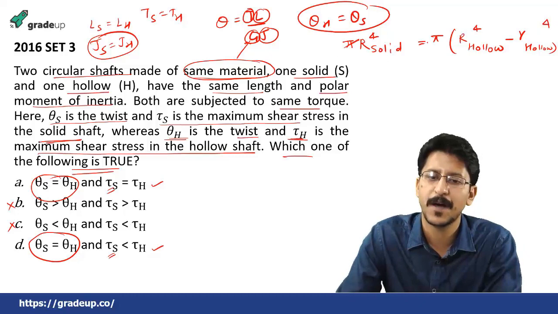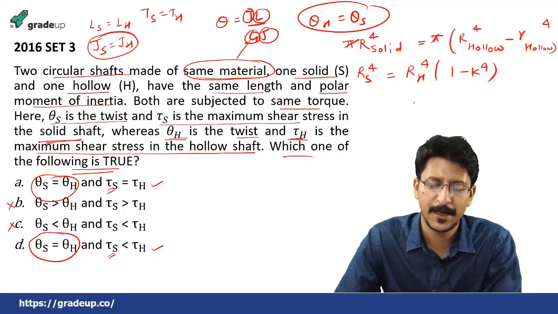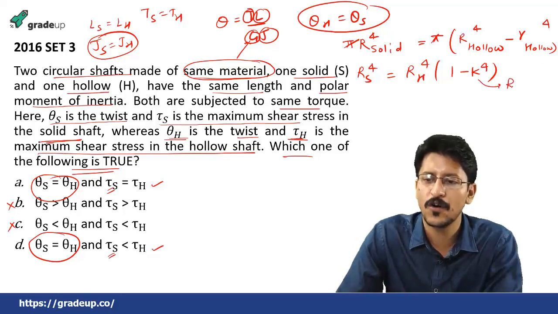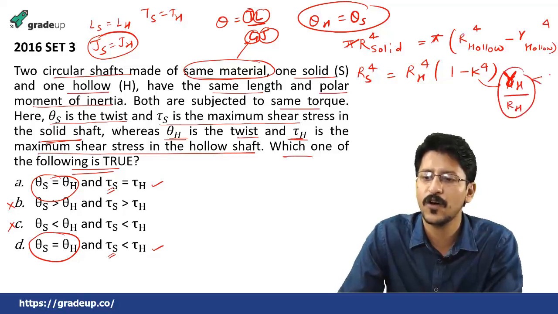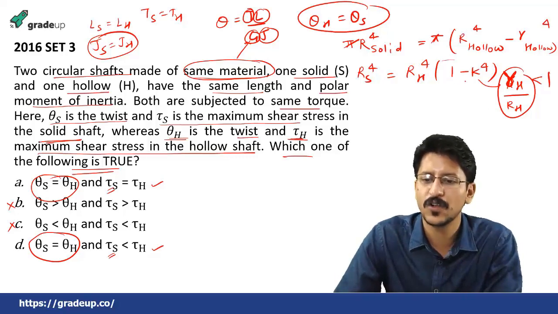This pi and pi go off. R S to the power 4 equals, if you take R H to the power 4 outside, R H to the power 4 into 1 minus K to the power 4. You can see this K is the ratio of the internal radius of the hollow upon the external radius of the hollow, so this value will always be less than 1. That means this value is also less than 1, because something is subtracted from 1.